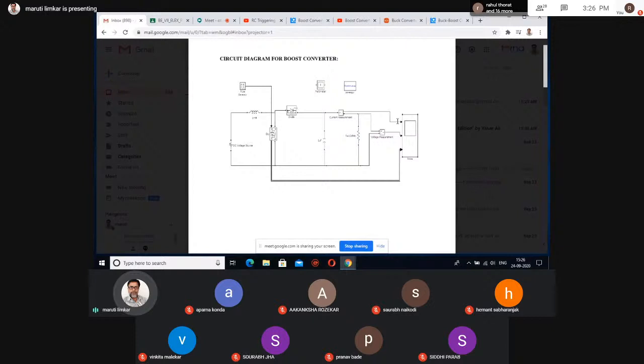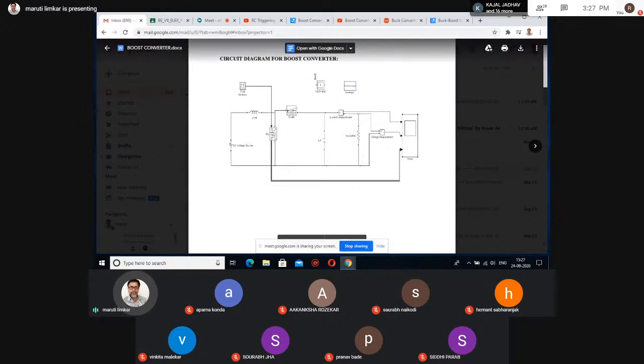So already I told you, in MATLAB Simulink, in the library of the power system, various components, various sources, various branches are available there. So you have to select each component depending upon your requirement. So first, for the boost converter, we will require the DC voltage source.